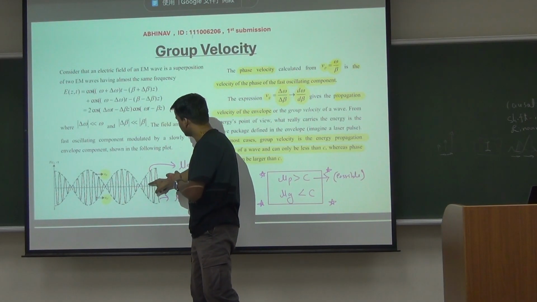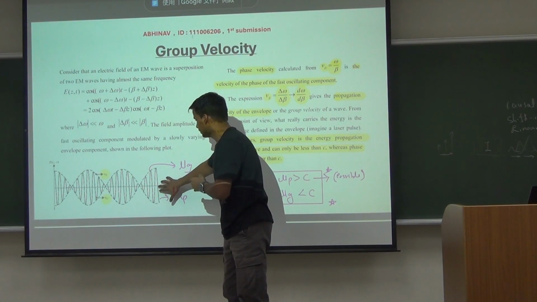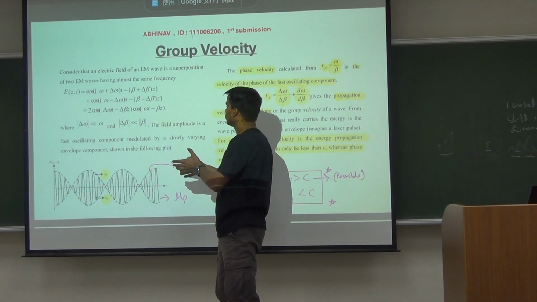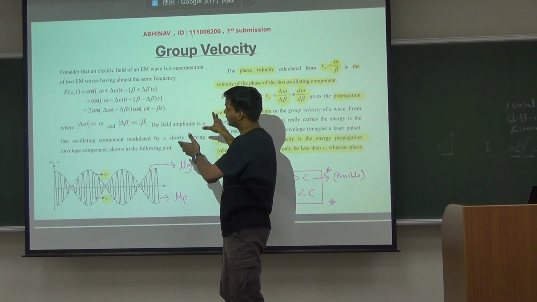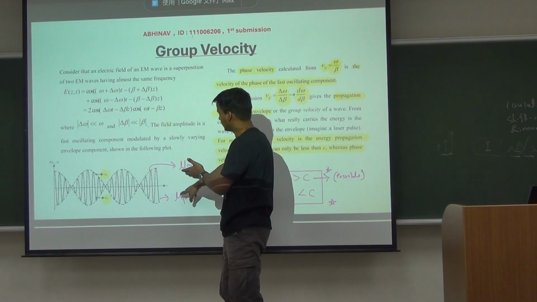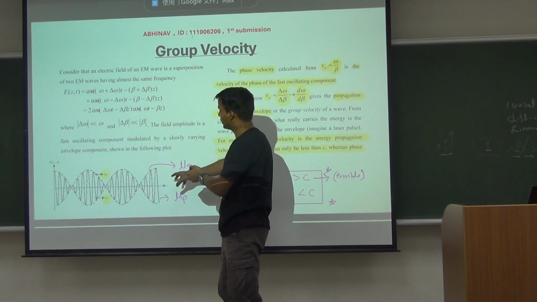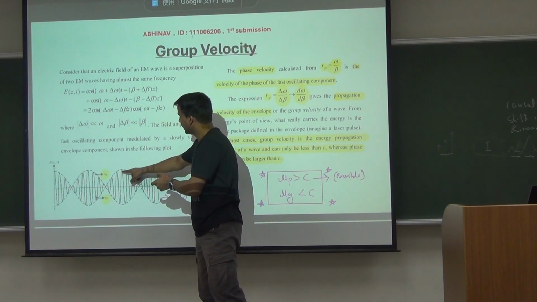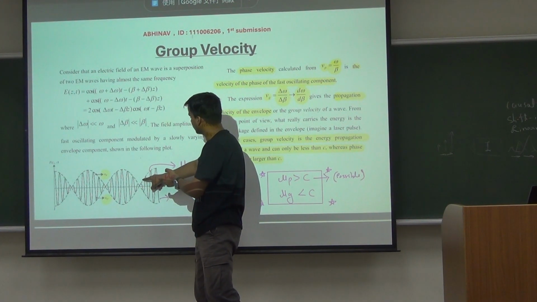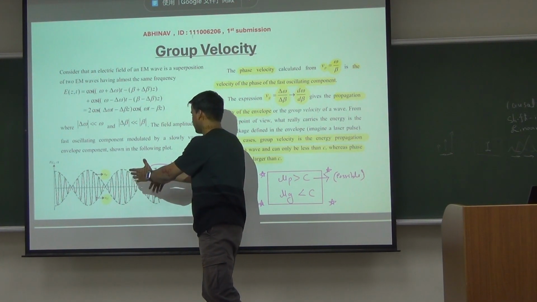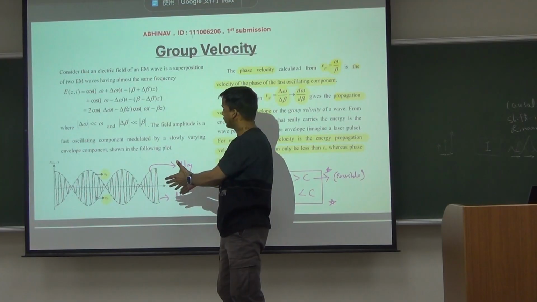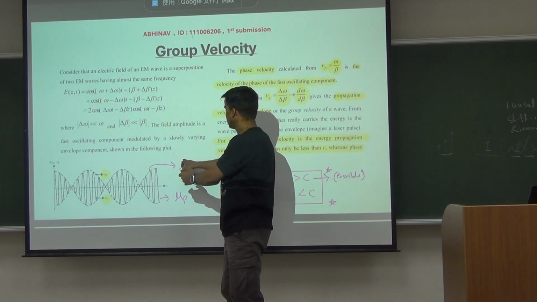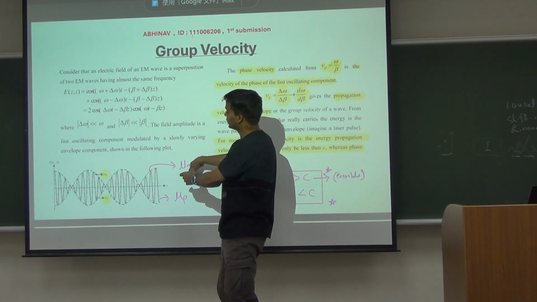The fastest component of those individual electric fields is called the phase velocity, and it is modulated by another frequency, the resultant wave, which gives you the group velocity.